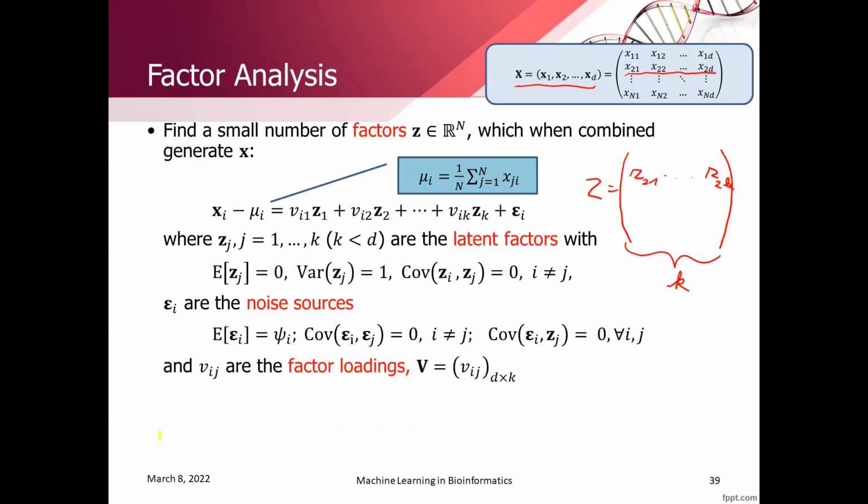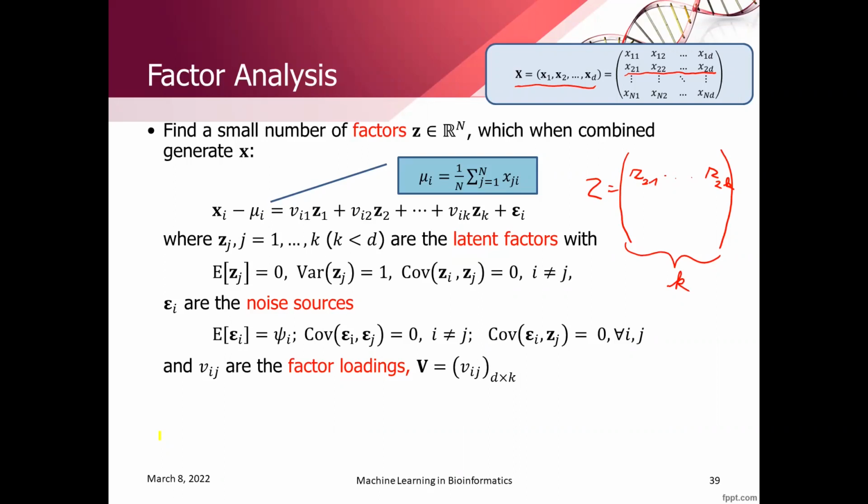So factor analysis is somehow complementary to principal component analysis. In principal component analysis, we take the original data and map them into a lower dimensional space, with the goal to preserve the variance of the data.